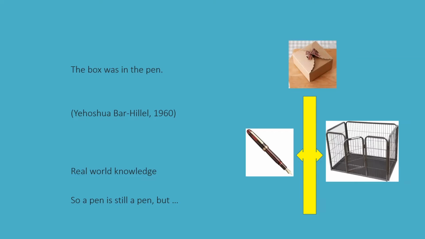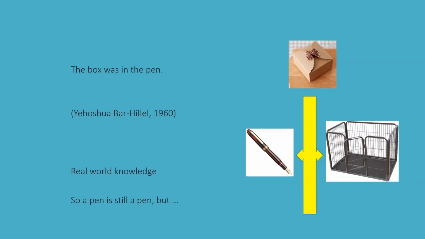The box was in the pen. If we do not know the many meanings or many senses of the word pen, we are not going to understand the sentence correctly. So real world knowledge is very important here to do disambiguation.